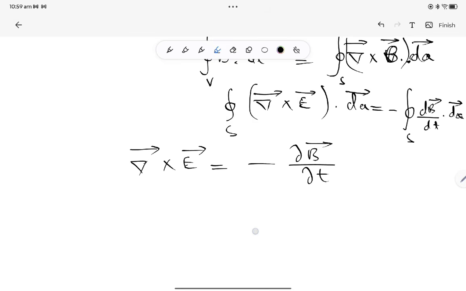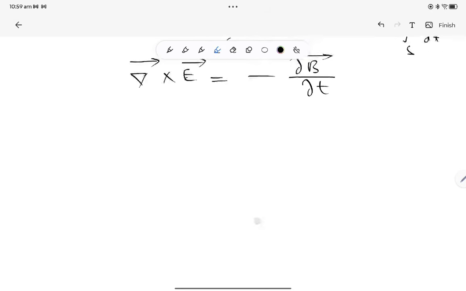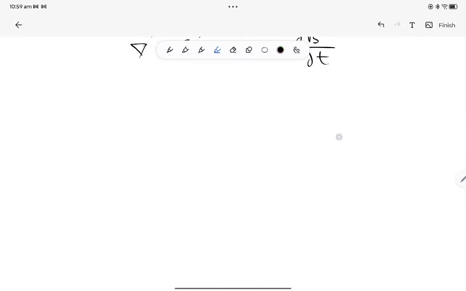Now we are left with one equation, the last equation. It all starts from this: suppose you have a wire going up, towards the reader, with steady current towards the reader. We calculate its circulation around this loop.